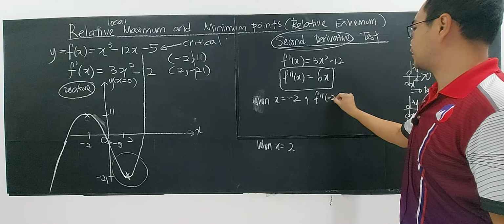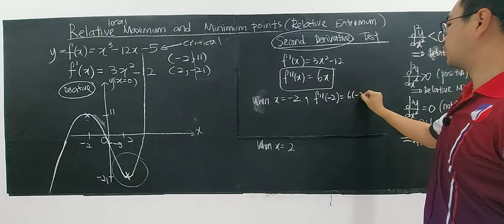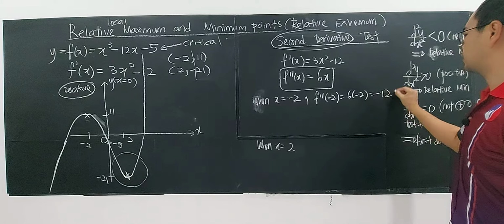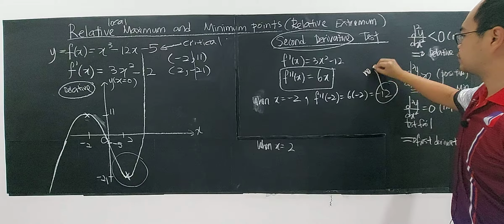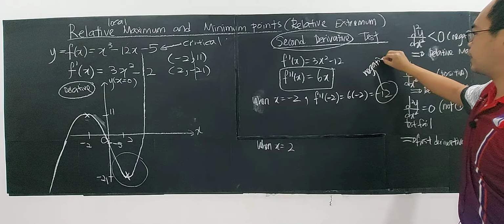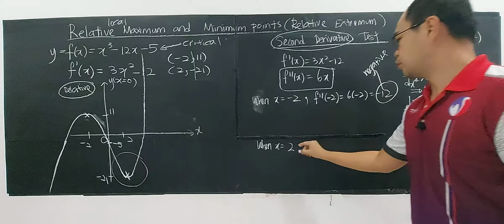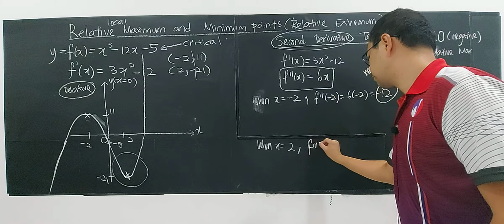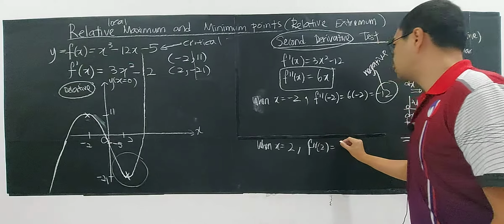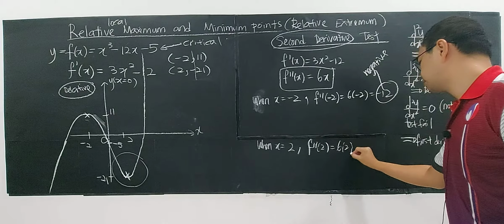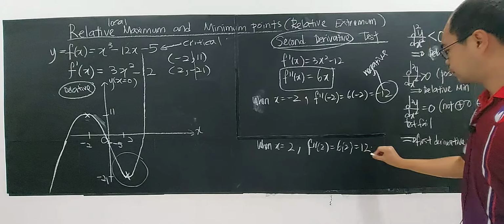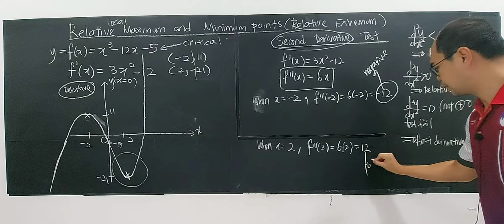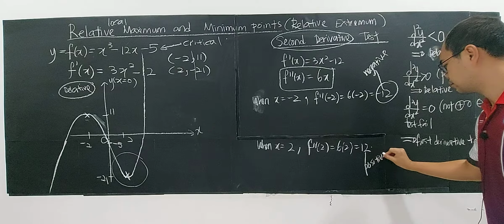So you have 6 times negative 2, you get negative 12, a negative number. And putting in 2, you get a positive number, 12, greater than 0, right?